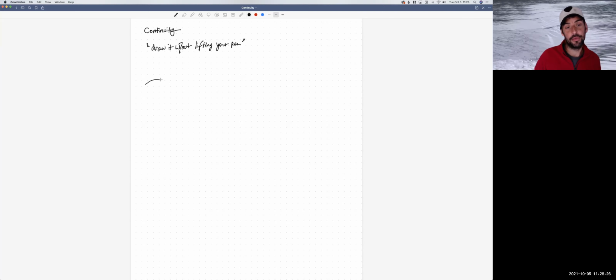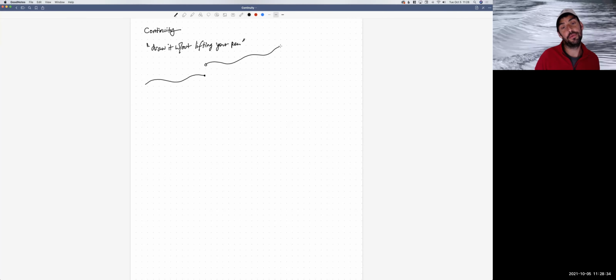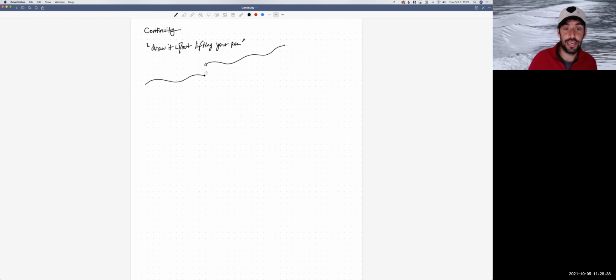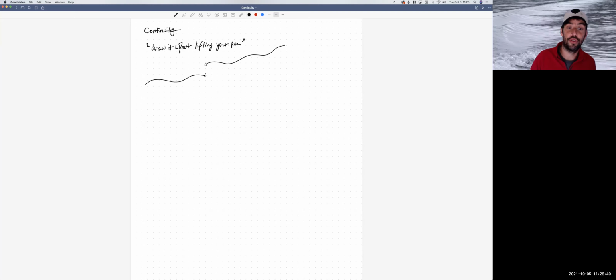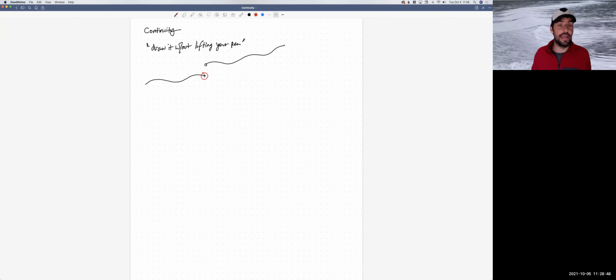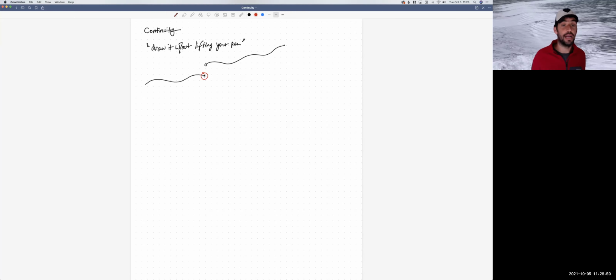All right, so here I'm going along drawing and I don't have to lift my pen. This is continuous, but if suddenly I need to jump up to another position, that's a surprise, right? If I were to look at where I was when I was drawing this, at this point here, you'd expect the next place my pen goes to be somewhere nearby, right?